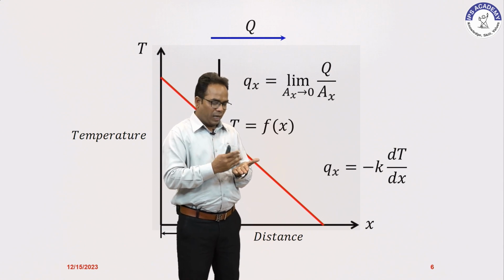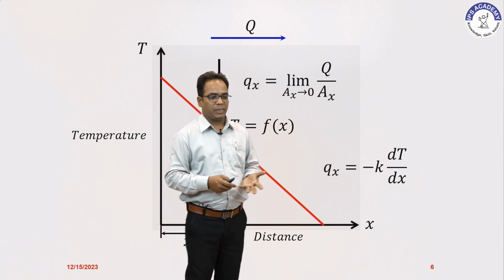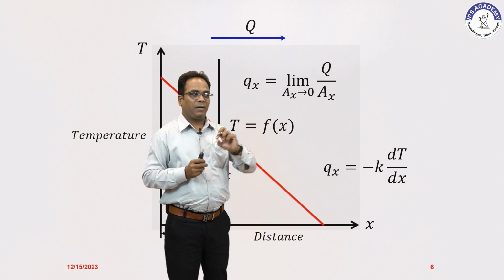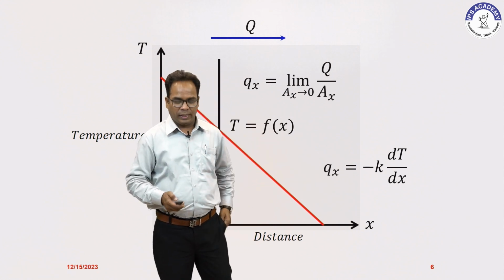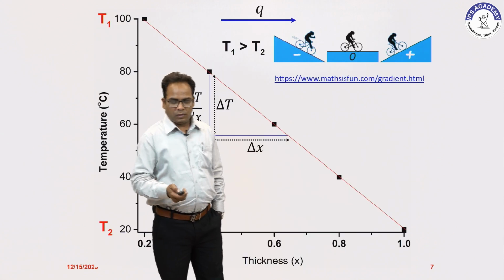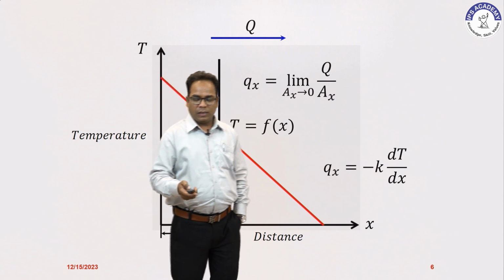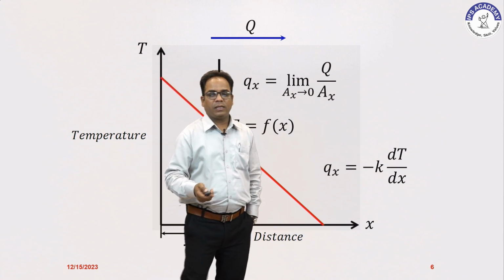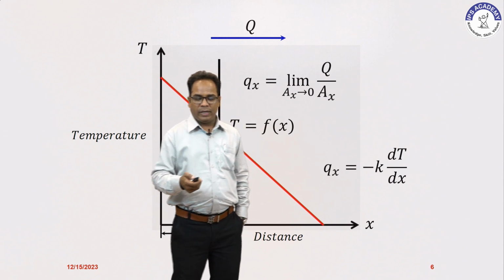How fast the temperature disturbance will propagate in that metal piece is conveyed by a messenger, and that messenger is known as thermal conductivity, right? So this is the basic foundation equation for all conductive heat transfer.